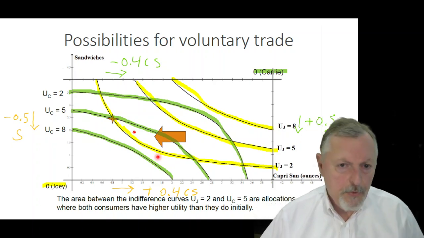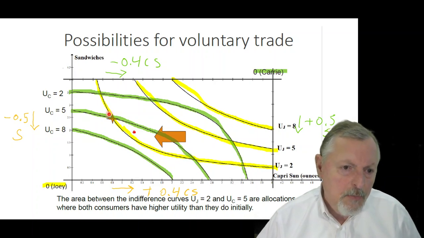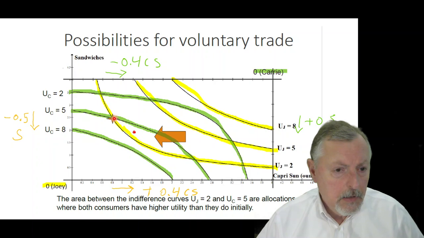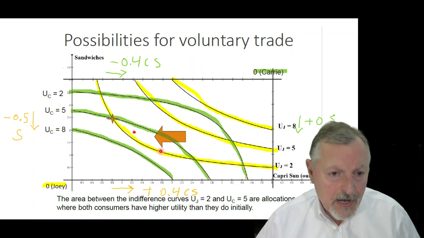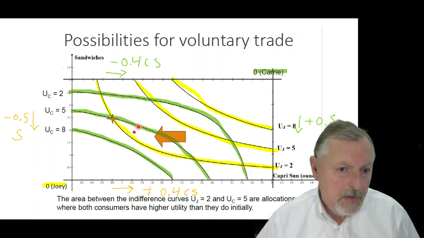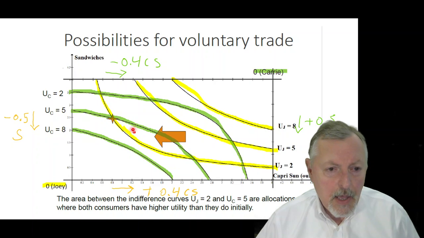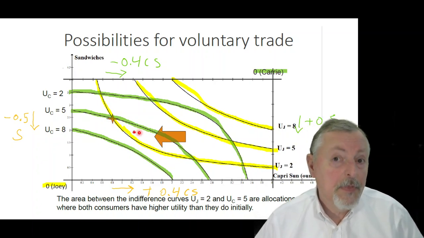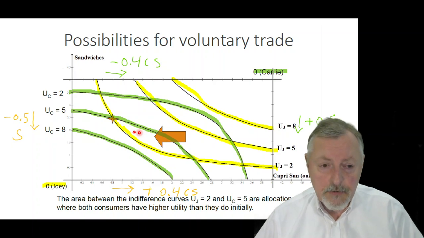The point of the Edgeworth box is to see that actually moving from this initial endowment to any endowment inside this lozenge shape, any of these points make both people better off. Now, if they move to this point, for example, they'd both be better off, so they would voluntarily do the trade.